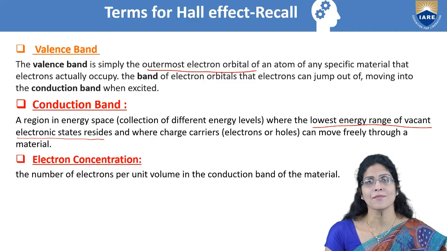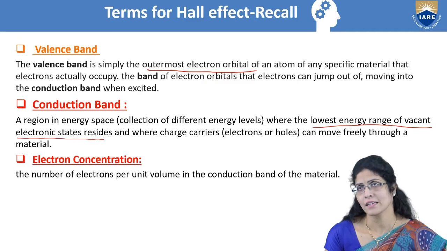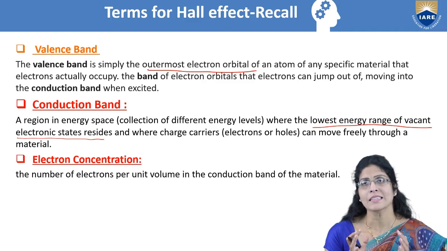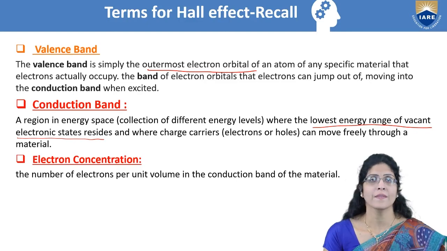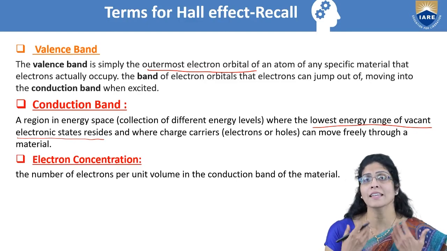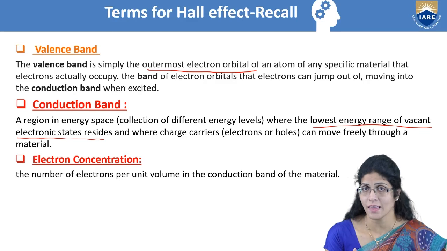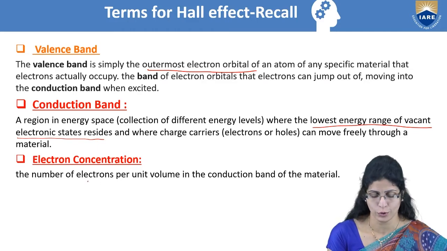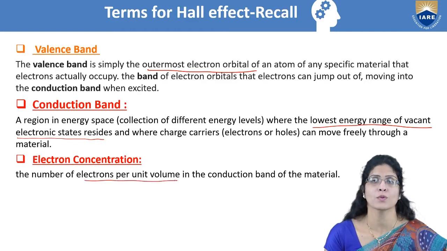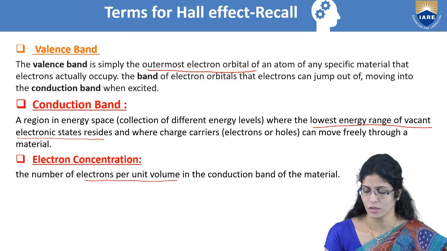In the same way, in a specific material where electrons are excited by taking some external energy, the number of electrons excited to the higher energy levels in the conduction band per unit volume is known as electron concentration.